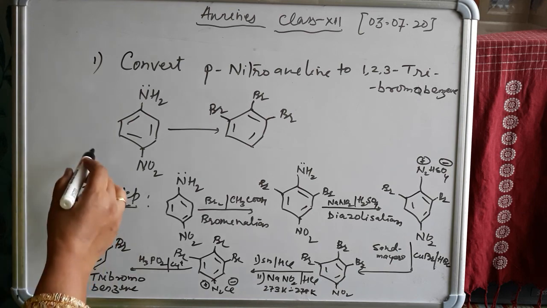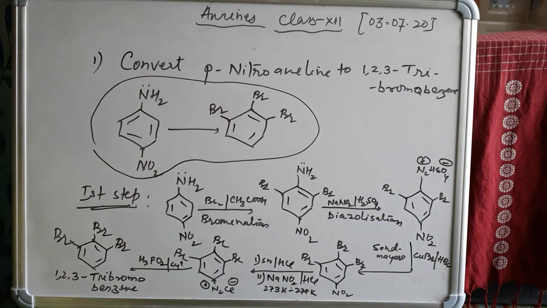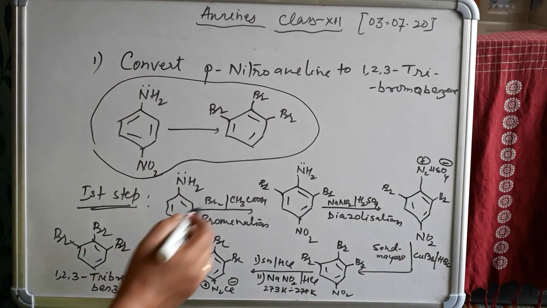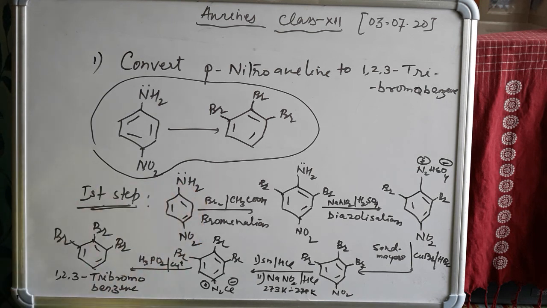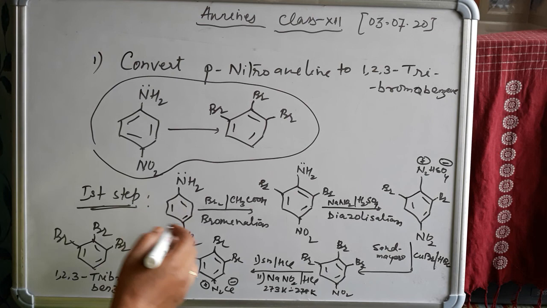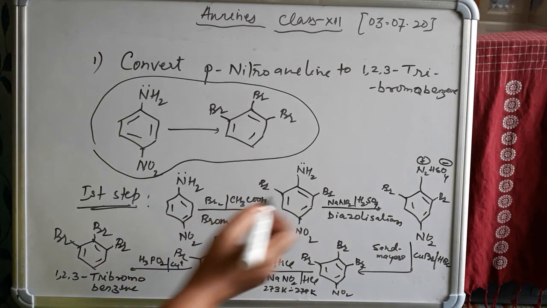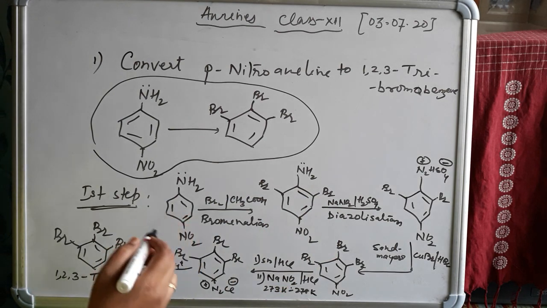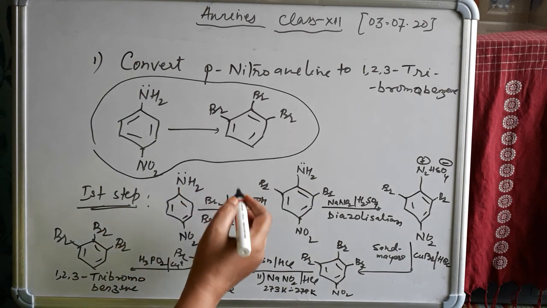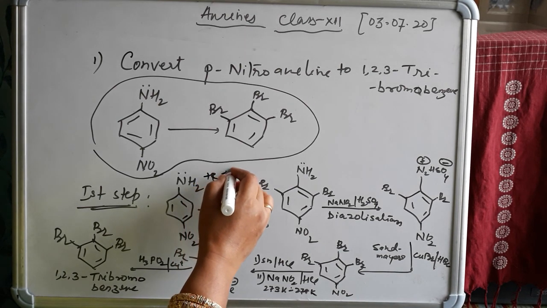So how this proceeds, I am explaining again. In the first step, 4-nitroaniline undergoes bromination, because we know that this group is an activating group and electron density increases on the ring. So all the vacant positions become electron dense, because it is an ortho-para directing group, with plus R and plus M effect.